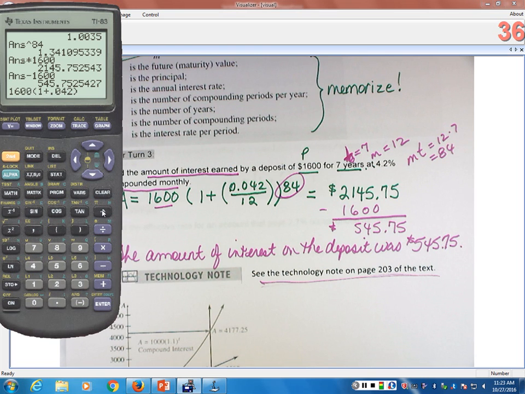This time you're only going to raise your power to 7 because they're only going to calculate interest once a year. So 7 times rather than 84 times. And you get $2,133.99. Now, is that a huge difference? You get $533.99 as opposed to $545.